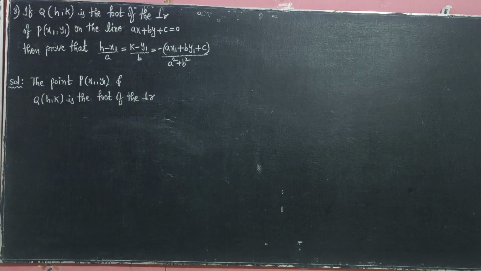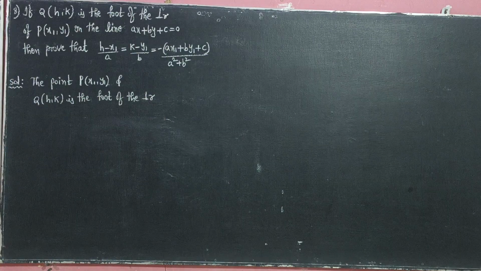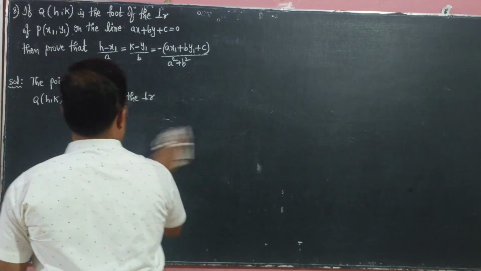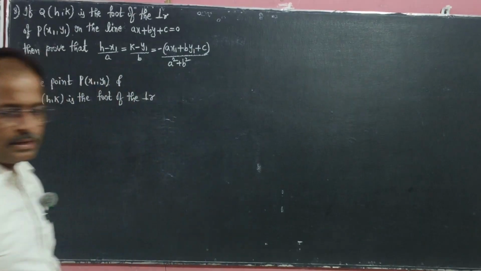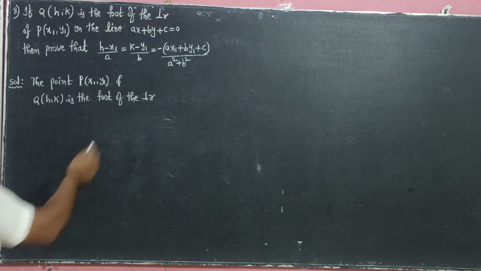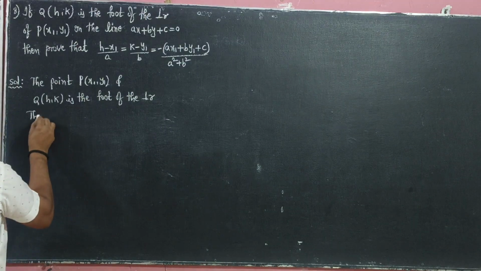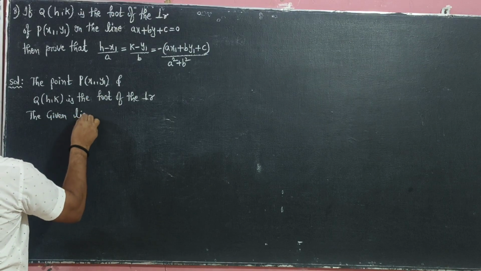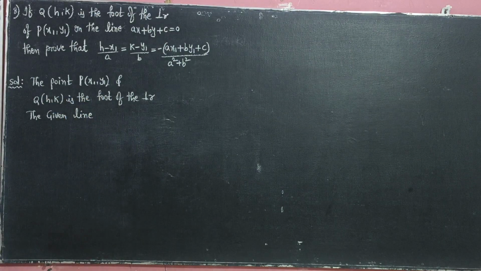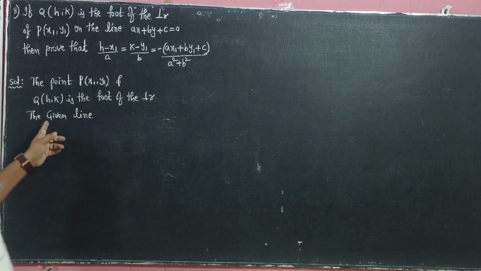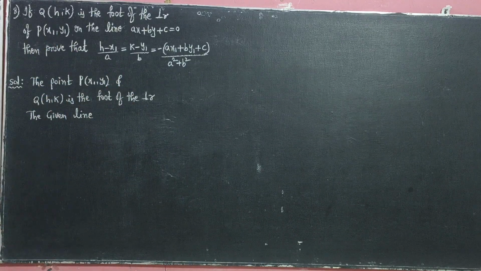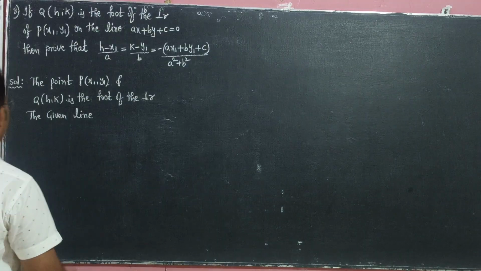So the point P is x1, y1 and the point Q is h, k. It is the foot of the perpendicular. So what is the line equation? This is a very important theorem. The foot of the perpendicular theorem and the image theorem, these two theorems are very important and very repeated problems.